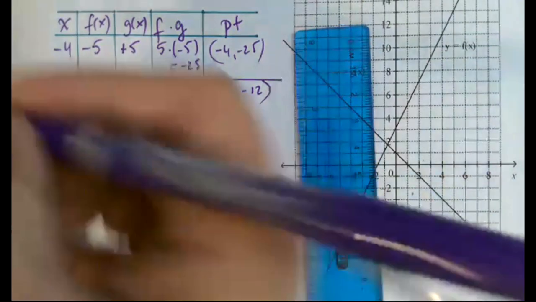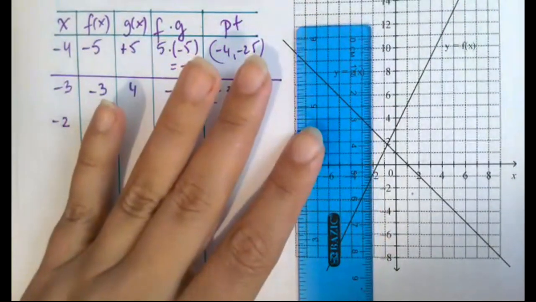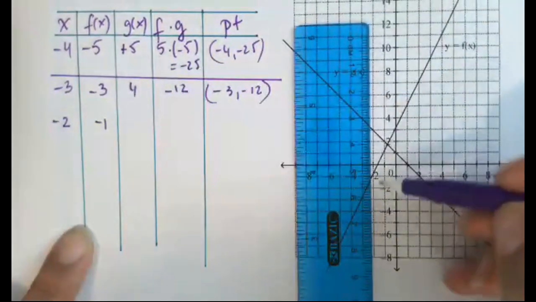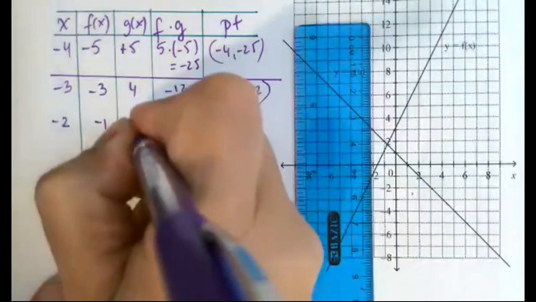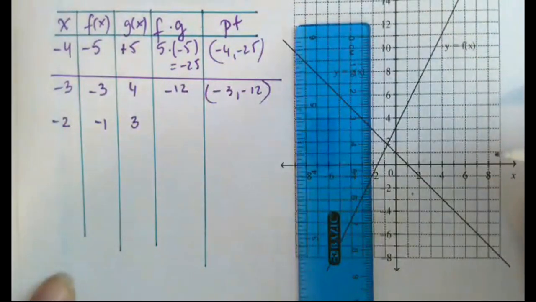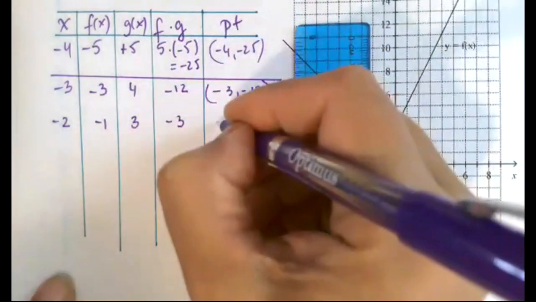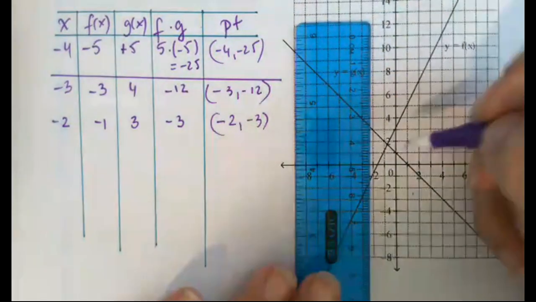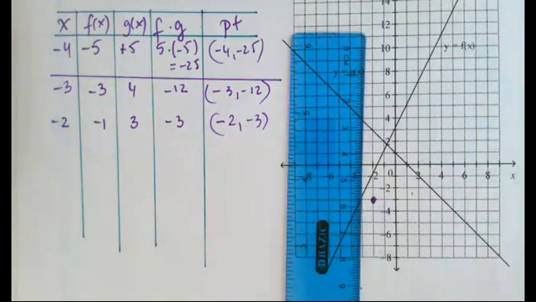So -2. F of -2 is -1. G of -2 is 3. -1 times 3 is -3. So -2, -3. -2, -3, there it is.